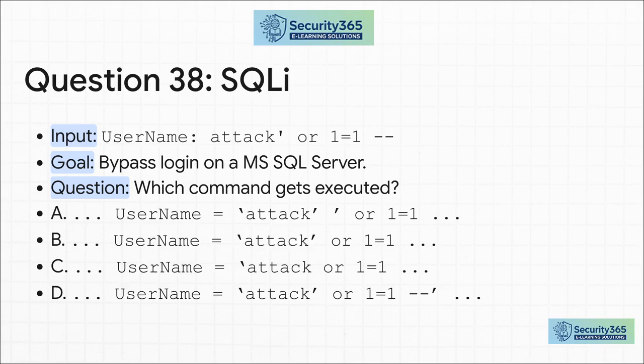In logic, anything ORed with a condition that is always true will always result in true. And here's the most important part: the two dashes, --. In SQL, that's a symbol for a comment. Everything that comes after it, including the part of the query that checks the password, is completely ignored by the server. Put it all together, and you get the command in option D. It's a statement that is always true and completely bypasses the password check.